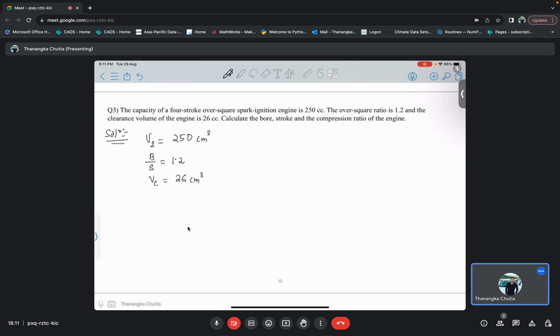First of all, the compression ratio is Vs plus Vc by Vc, and all these values we already know. So this will be 250 plus 26 divided by 26, which gives 10.61 as the compression ratio.